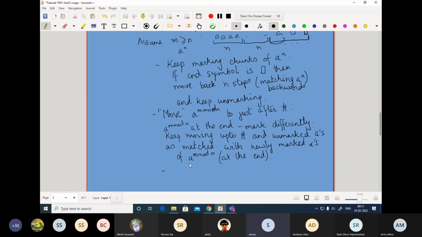Okay. So once you do this, after that your a to the m will have the first m mod n a's unmarked, and after that all a's are marked in different ways.